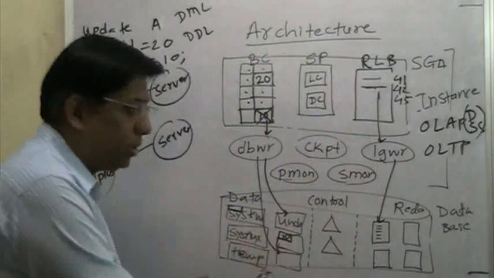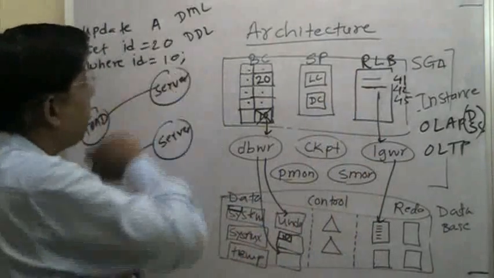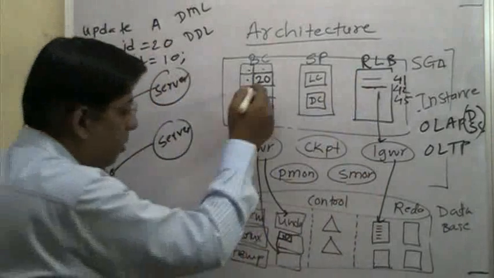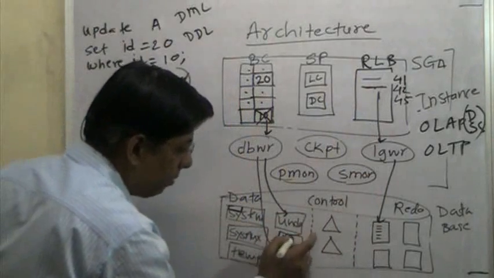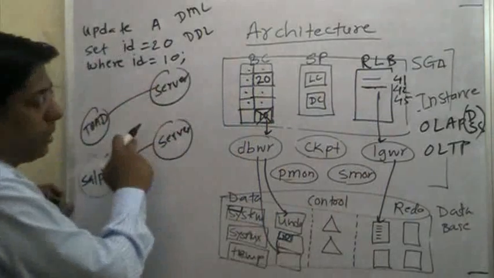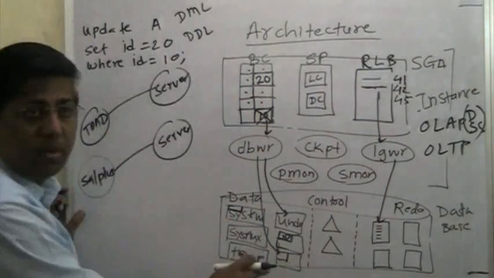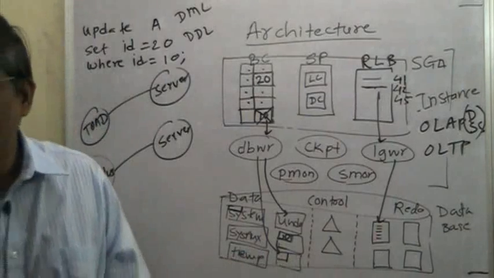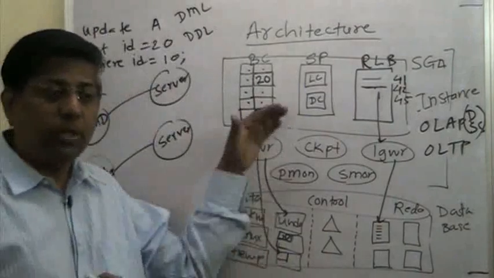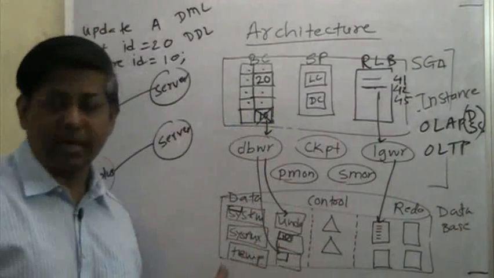Here it is not sequential, here it is random, because first I may update table A, and DBWR will have to make changes to table A over here. Then I may update table B, and DBWR will have to make changes to table B, which could be in a totally different data file. That is why this is not called a sequential write. This is a random, scattered write.